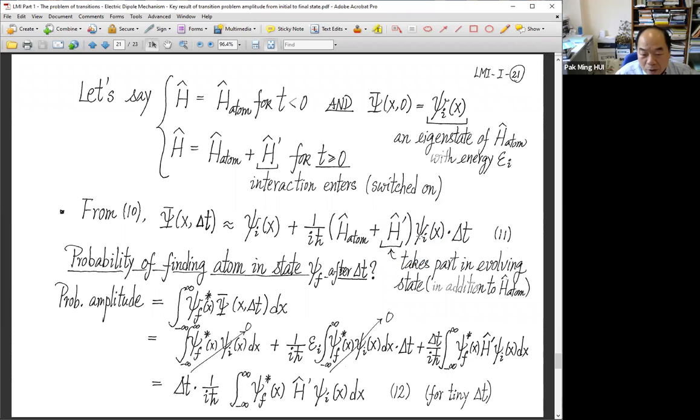So, all in all, you see the following form, all right? This is the crucial part. This will be some wave function at time delta t. Now, if I want to look at what is the chance of finding the atom to be in some final state, what should I do?